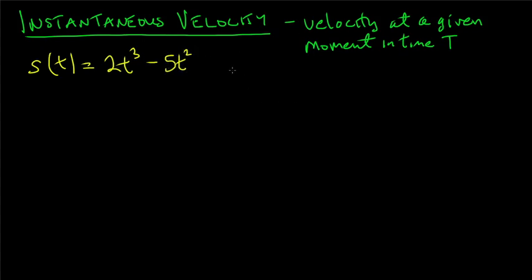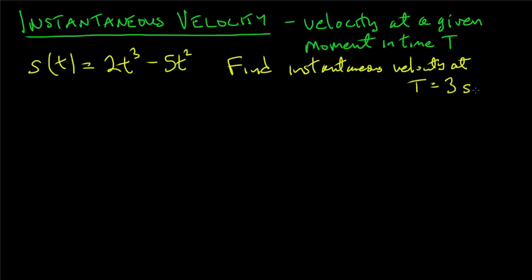We want to find the instantaneous velocity at, in this case, capital T equal to 3 seconds. So we want to know how fast we were going at 3 seconds.